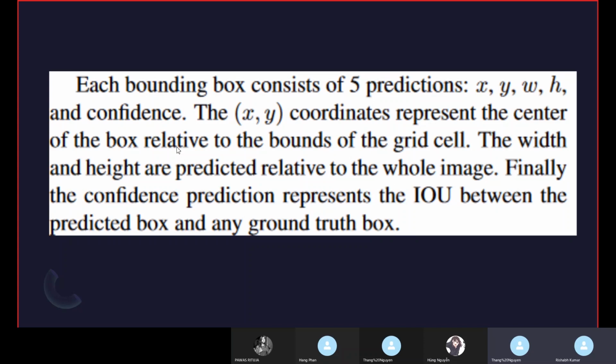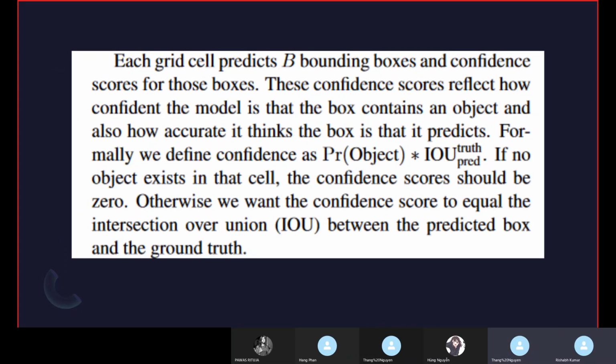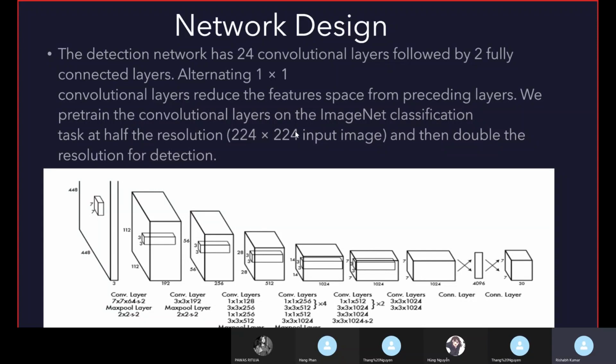So the final structure is 7 by 7 by 30. They divide the image into a 7 cross 7 grid, and here 30 is made up as follows: 20 is the class probabilities, as there are 20 classes, and 10 comes from there being two bounding boxes and 5 predictions for each bounding box.